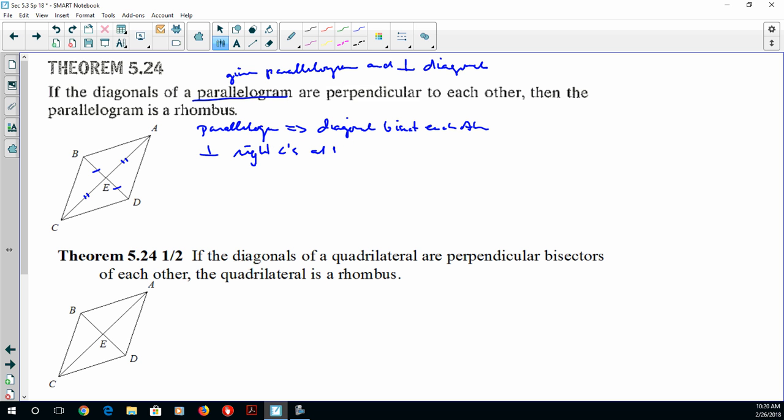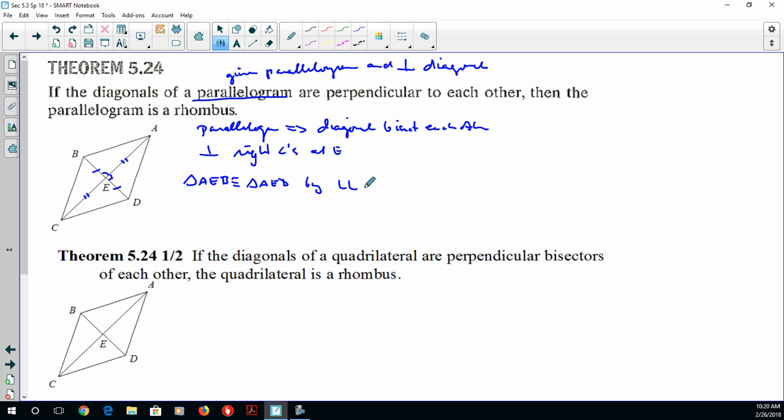So triangle AEB is congruent to triangle AED by leg-leg, or side angle side, same thing. From that I have that AB has to be congruent to AD because they're corresponding parts.